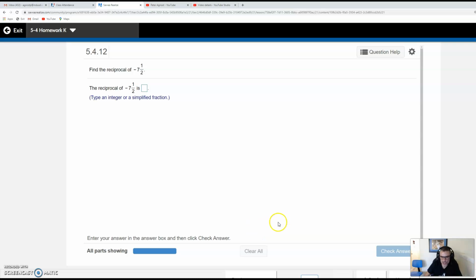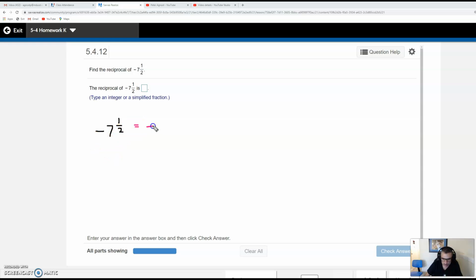All right, find the reciprocal of -7 1/2. So this time they want me to find the reciprocal of a mixed number. Well, the first step in finding the reciprocal of a mixed number is we have to convert this to an improper fraction. So it's negative, so I'm going to ignore the negative.